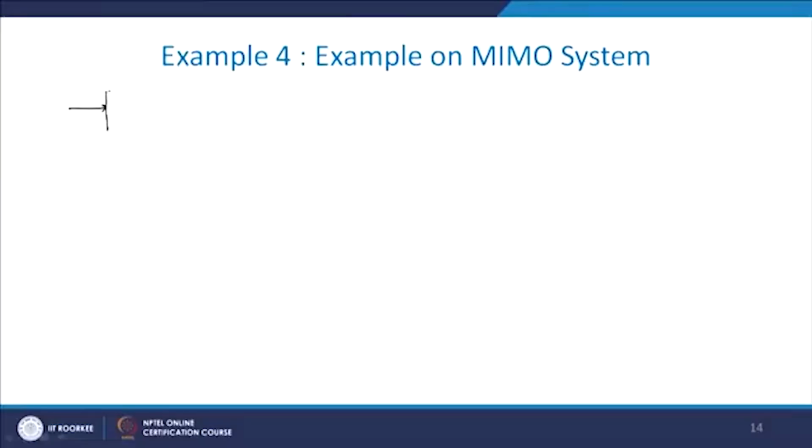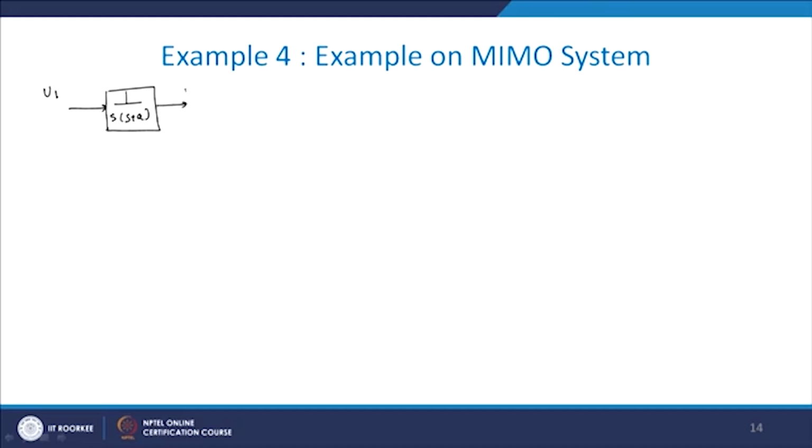Now here we solve an example where we show that for a MIMO system also we are getting the state model in a first order form. So we start doing this example. See, now here I am taking one block, u1, this is one input, 1 upon s plus a.